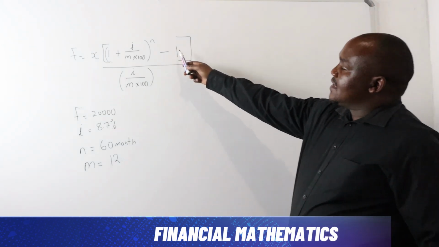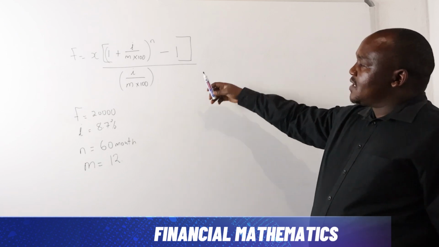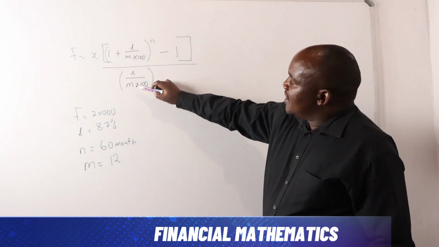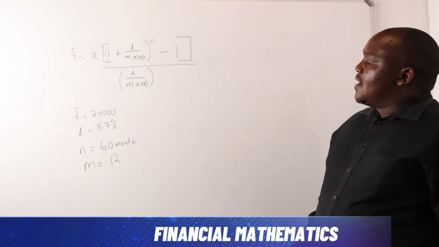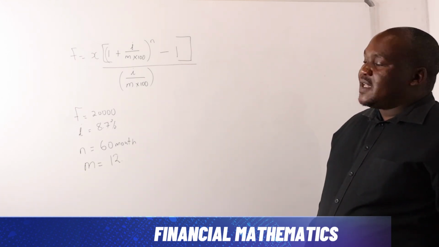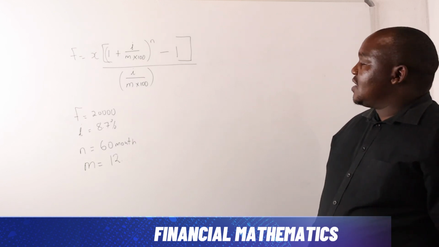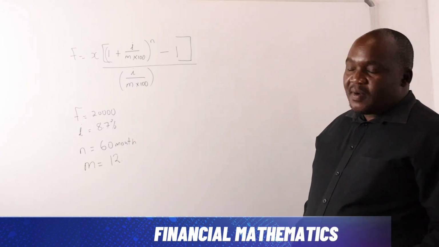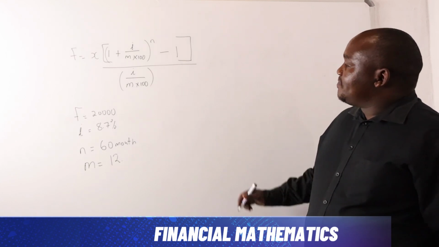Like I said, this is the formula. Of course, in your formula sheet, it's not like that. But remember, the M needs to be used, which is very important. The conversion in which the compound is done.